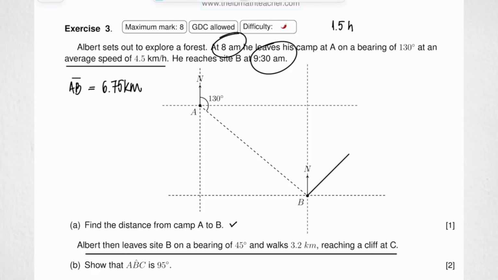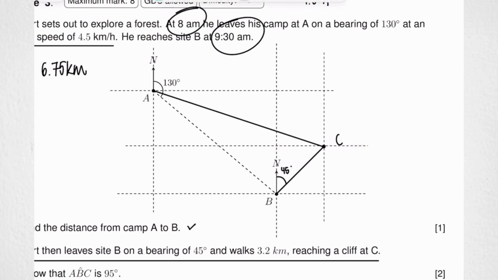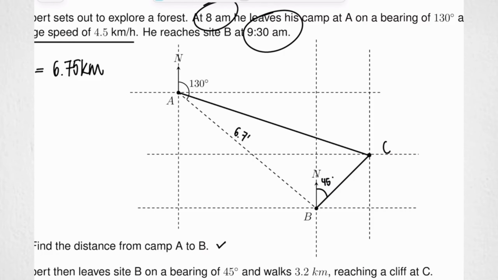And given that he leaves site B on a bearing of 45, I'm going to complete this diagram by drawing vertex C over here at an angle of 45 degrees. So now we can complete our diagram, and also very important is to connect the starting point and the end point. Now this is 6.75, and this is 3.2.